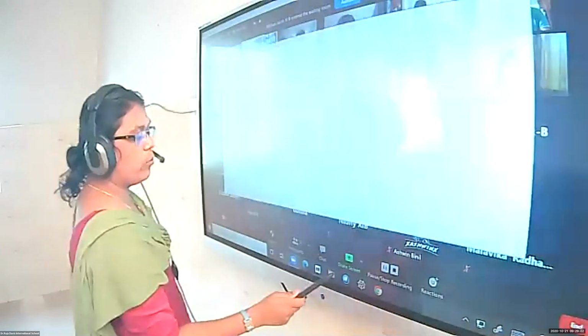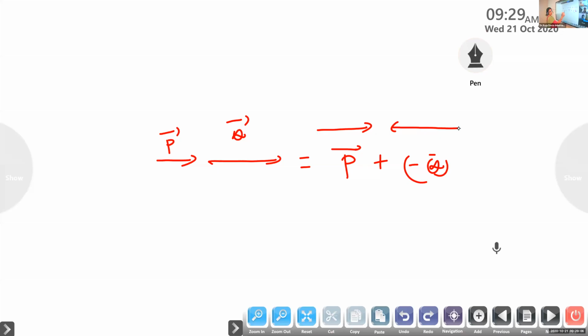So we have to represent it in terms of a diagram. The answer is P plus minus Q and your resultant vector will be this. It may not be the same size as Q or P, because it is the difference, no? So your resultant vector should also show a little size difference between them.